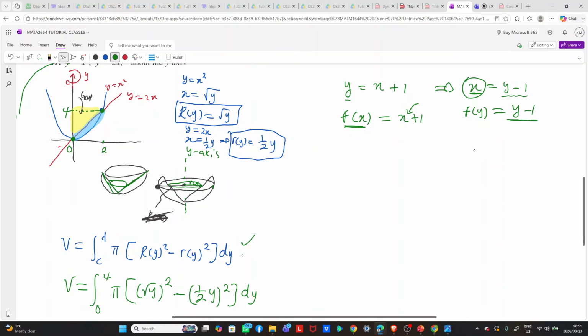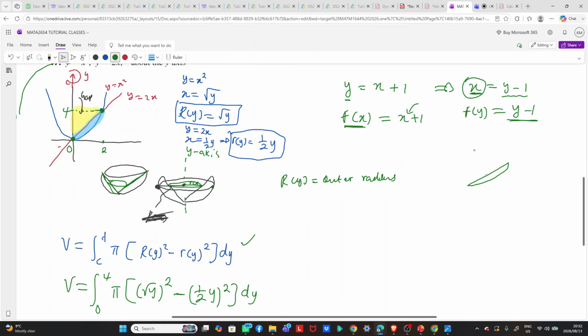Fine. This formula comes with r of y, big R of y and a small r of y. So now, we know that this one is the outer radius, formed by the outer function. If we look at these two, we have a line like this, and we have a curve y equals x squared.